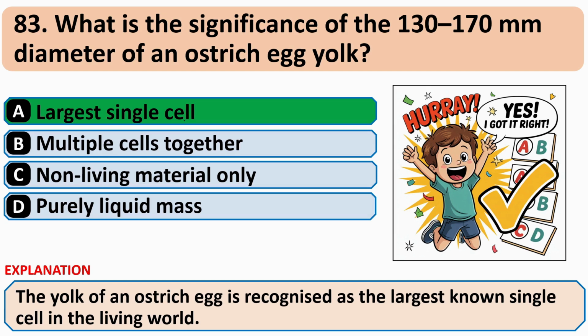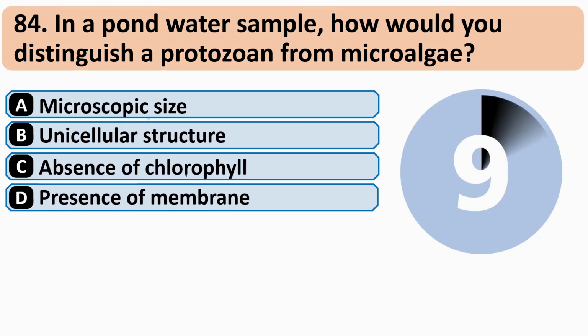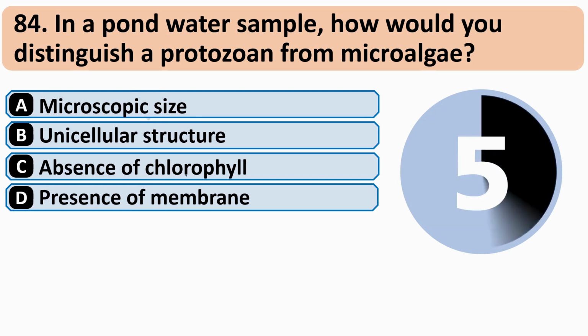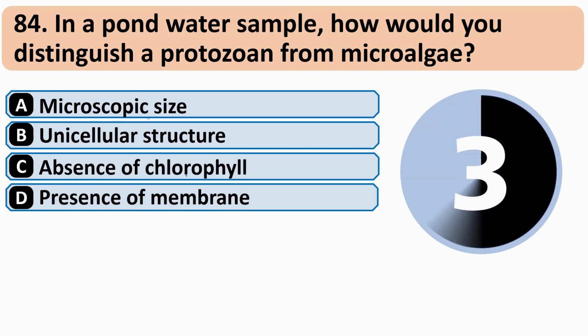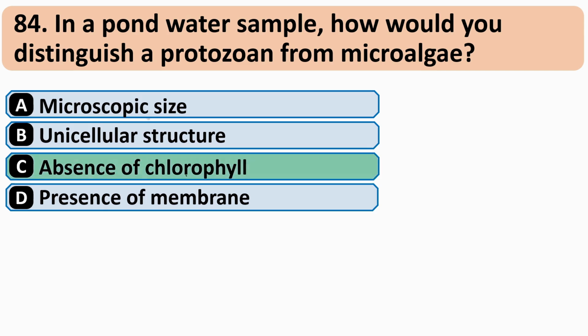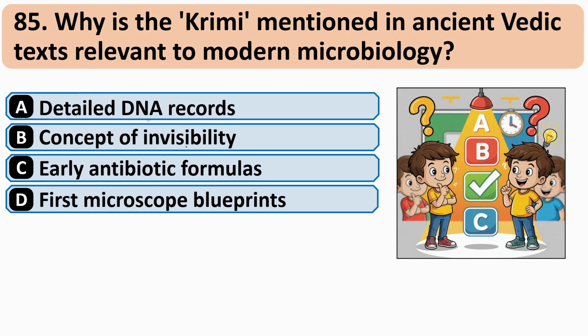In a pond water sample, how would you distinguish a protozoan from a microalgae? And correct answer is C, absence of chlorophyll. Why is the Karmi mentioned in ancient Vedic text relevant to modern microbiology?